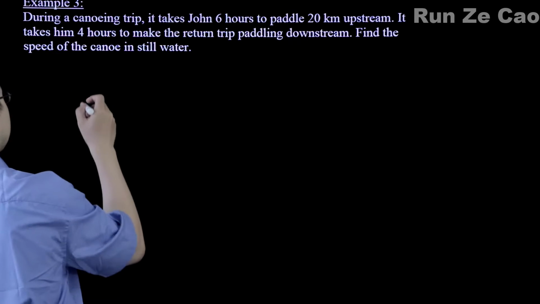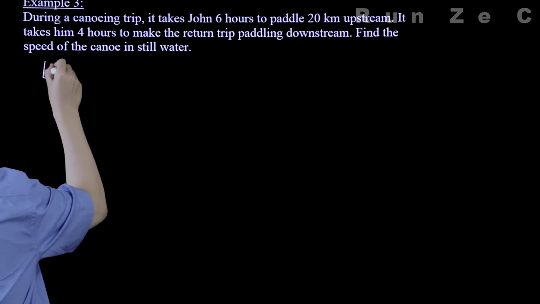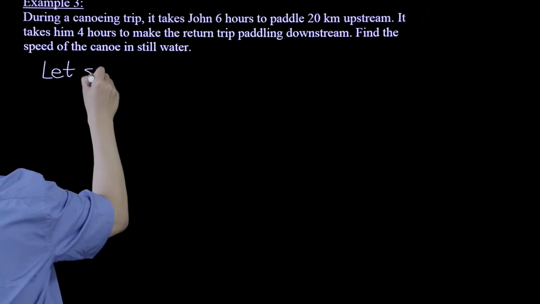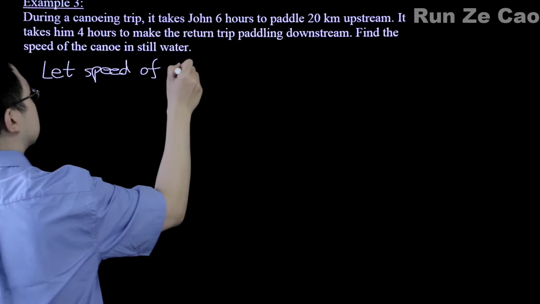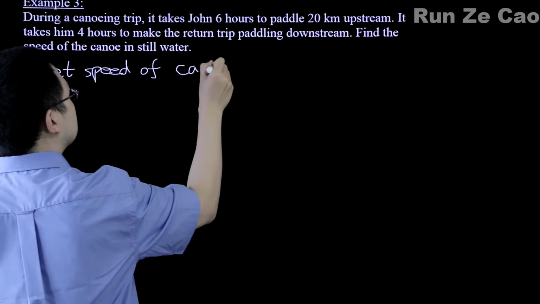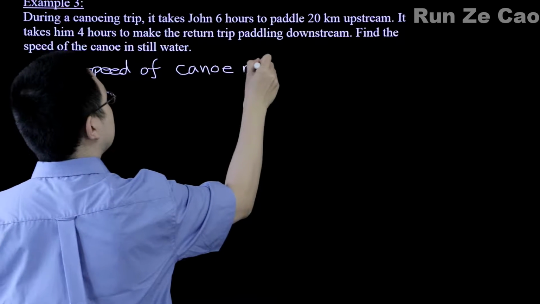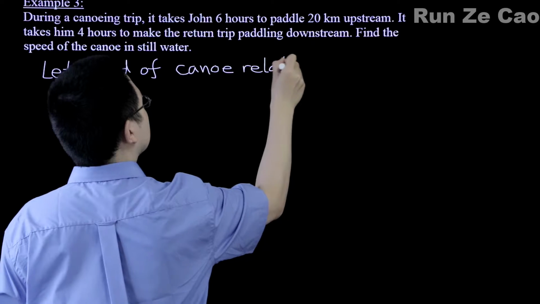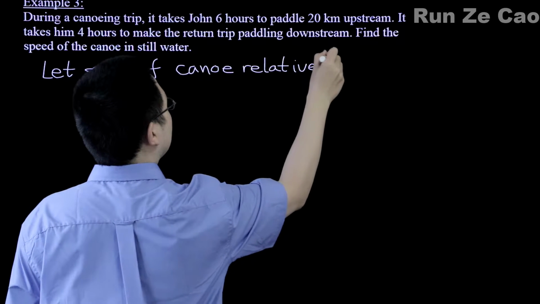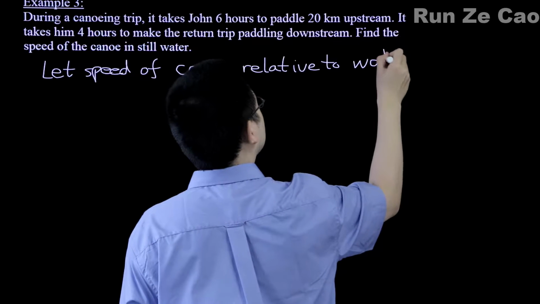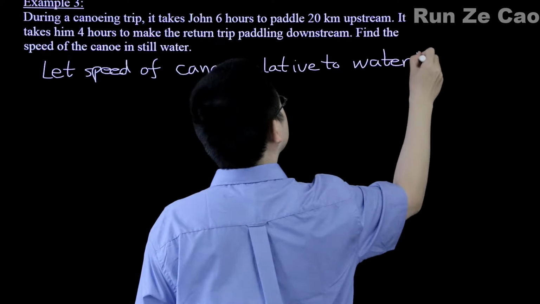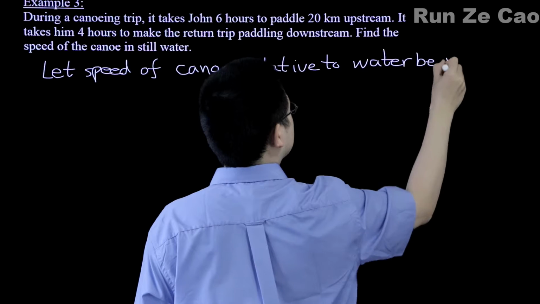Now, let speed of canoe relative to water be x.